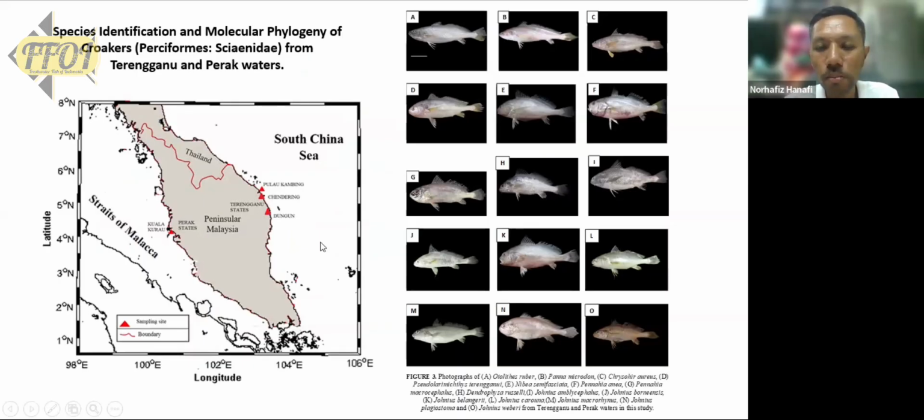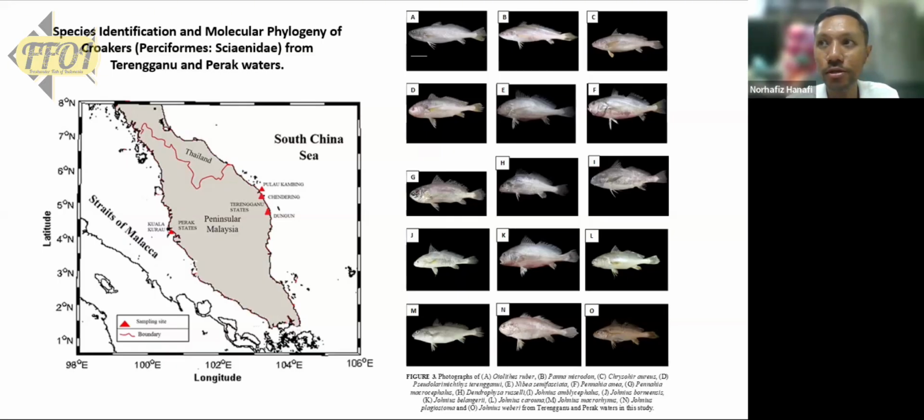I found one new species, Dendrophysa Larchimitis terengganui. Accidentally, we found the new species. So this is very important, this is why we need to do the sampling.